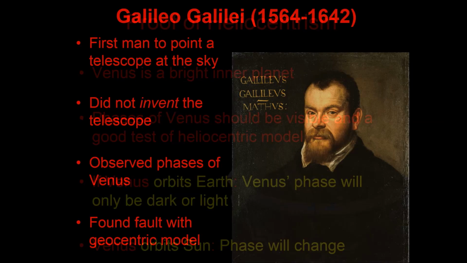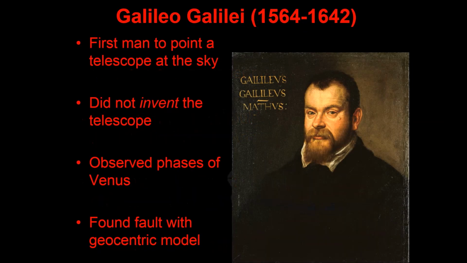And this is where Galileo steps into the argument. Now, Galileo did not invent the telescope, as some sources will tell you. Many people were looking to invent such a device, and Galileo definitely read about the discoveries of other people and the optical devices that they were building. But he did build his own telescope.